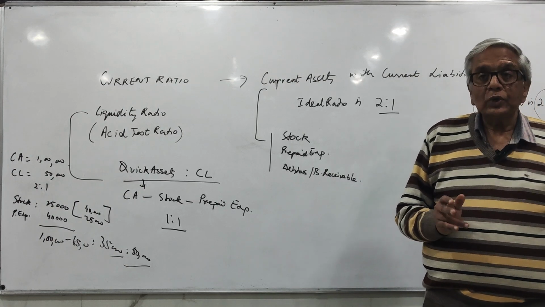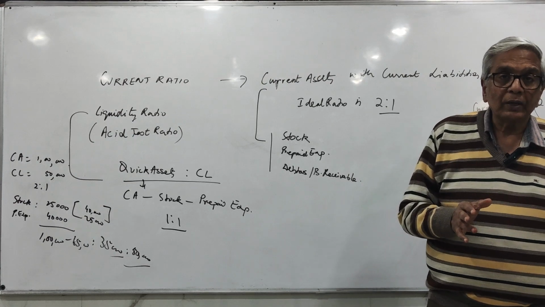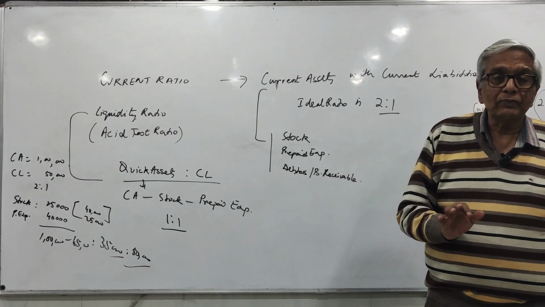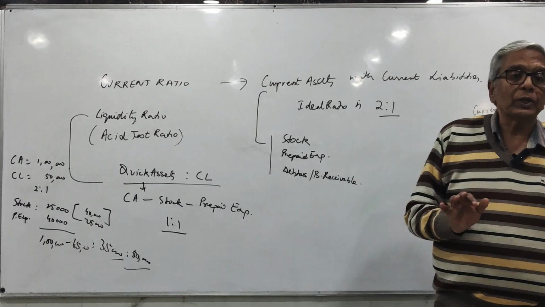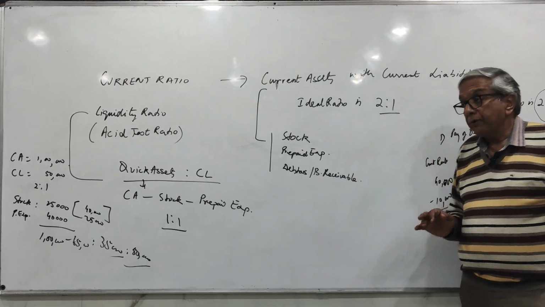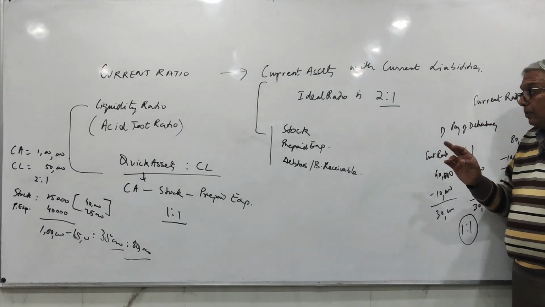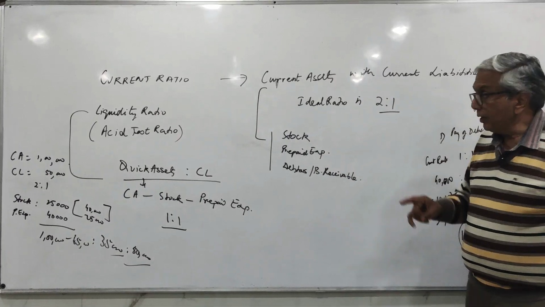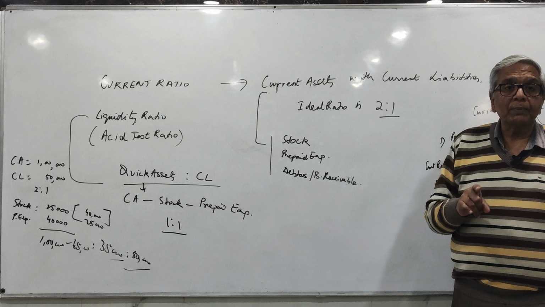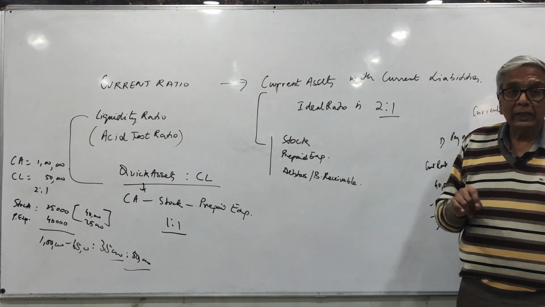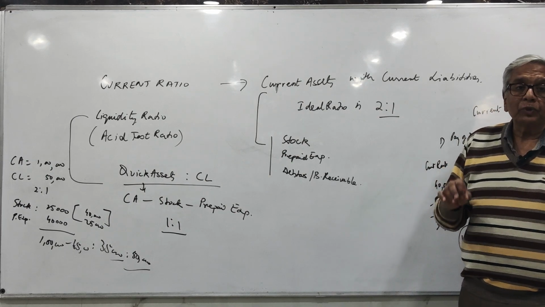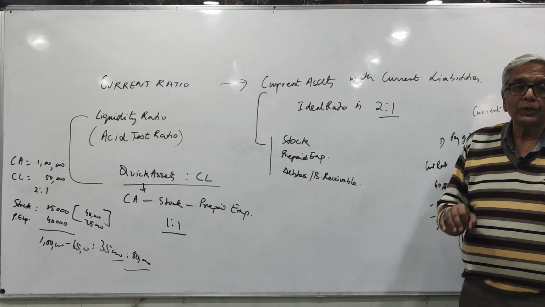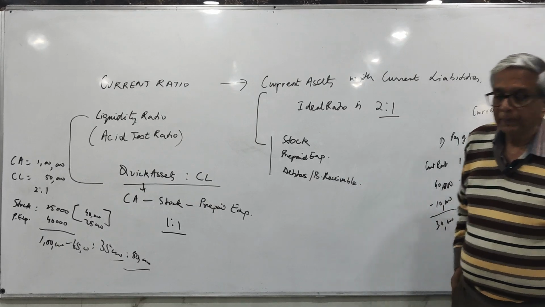Yes, it is not good to have more than 2:1, but regarding short-term solvency position, there is no issue at all. But when you have both the ratios less than the prescribed norm, or even one of the ratios less than the prescribed norm, then you can very confidently say that the company's short-term solvency position is not satisfactory.